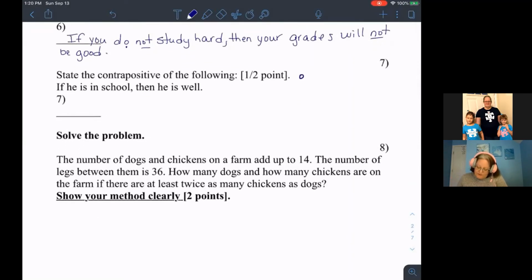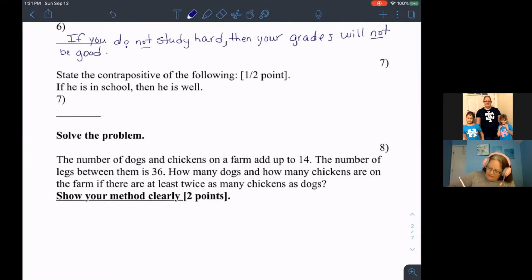All right, so number 7, it says state the contrapositive of the following. If he is in school, then he is well. Now, the contrapositive is the opposite of the converse, which means it's the negative meaning and negative position.